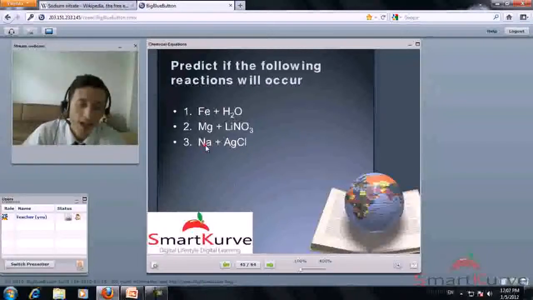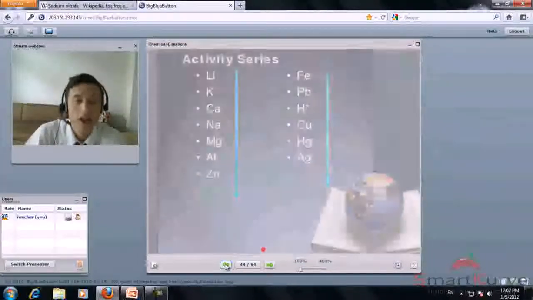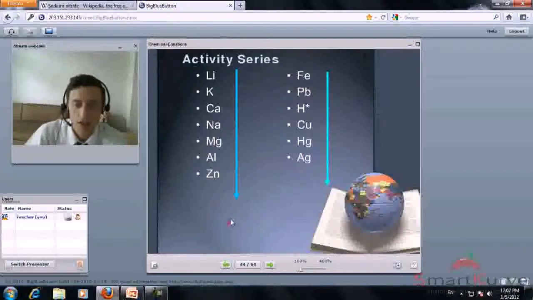Let's look at the next one. Number 3, we have sodium and silver chloride. The question we have to ask: will the sodium replace the silver? Let's look at our activity series. Notice our sodium is right here, number 4.